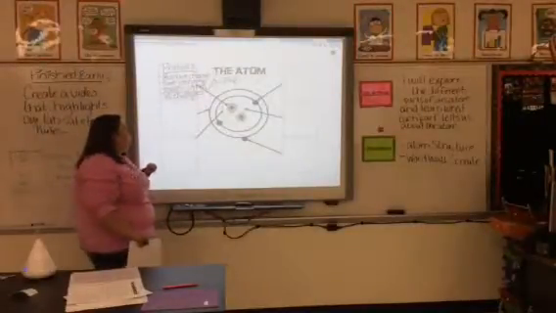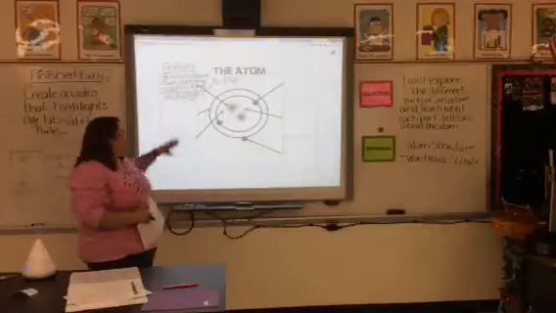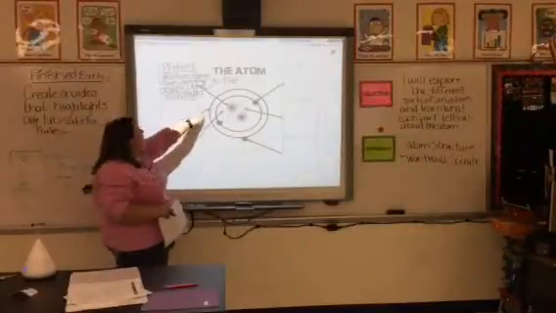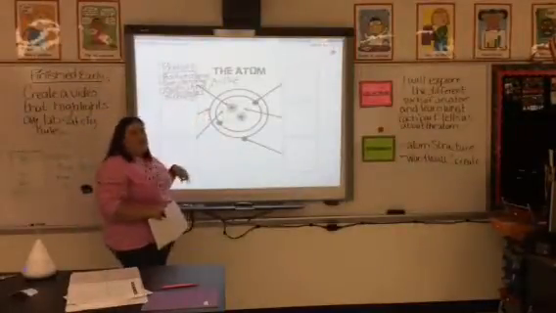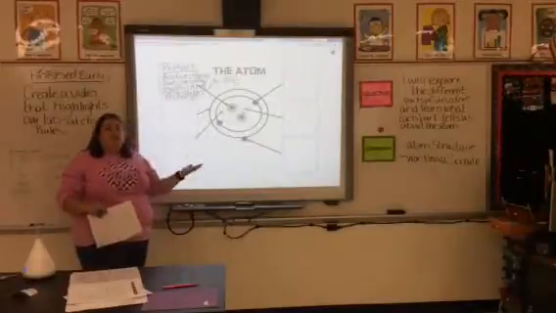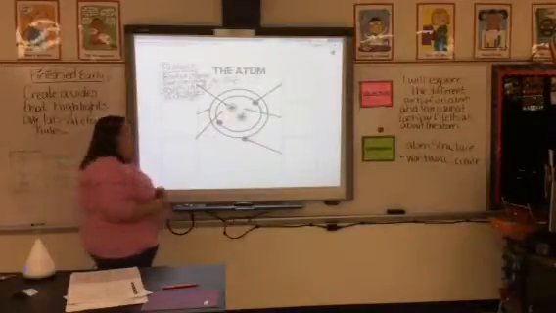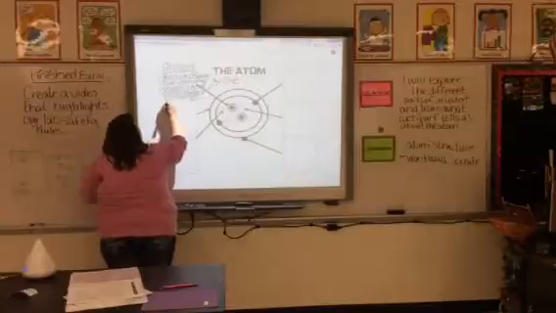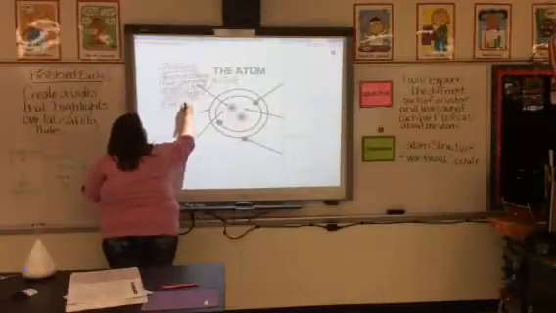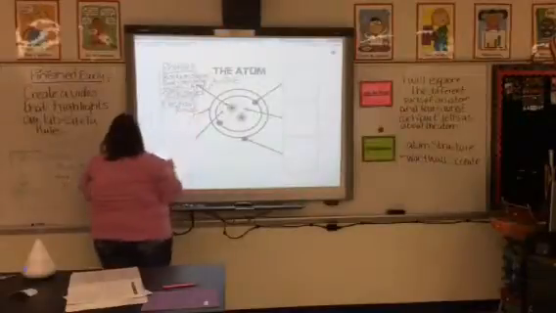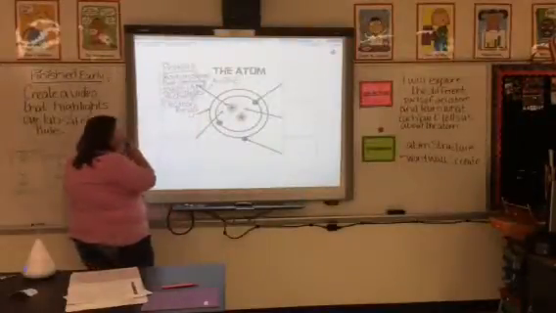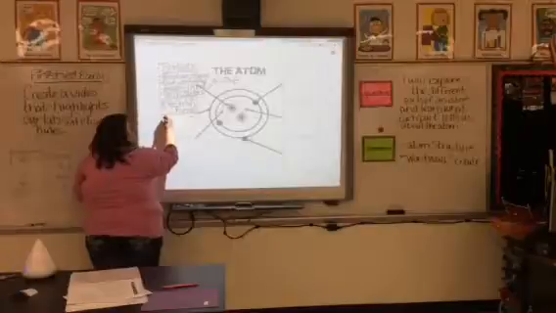Now we are going to talk about the electron rings, which is just this next box right here. It's pointing to my electron rings. The rings are also known as the electron clouds, so you might see it referred to that as well. So we have our electron rings. And we know that our electron rings surround our nucleus.